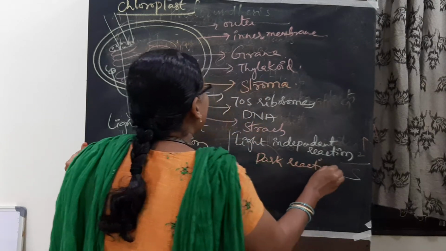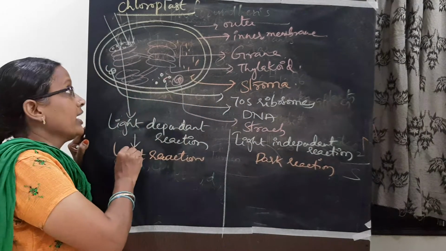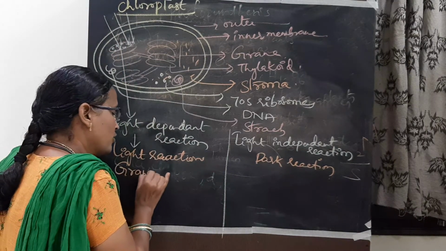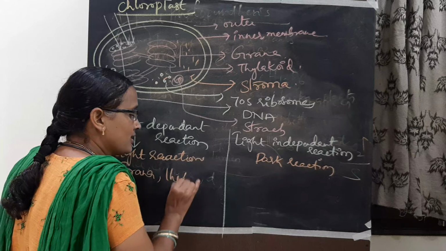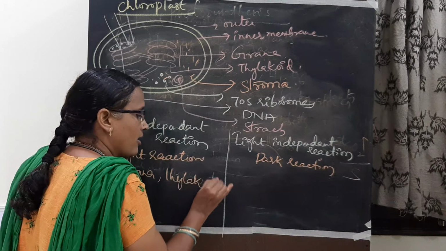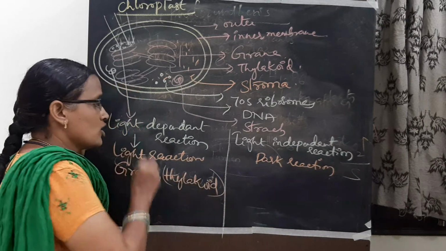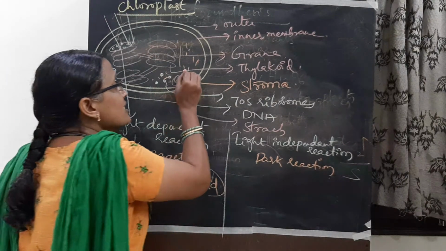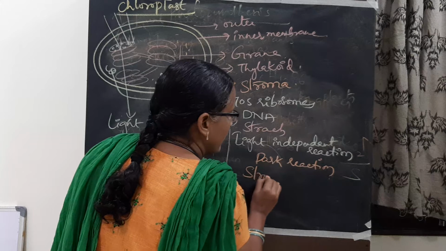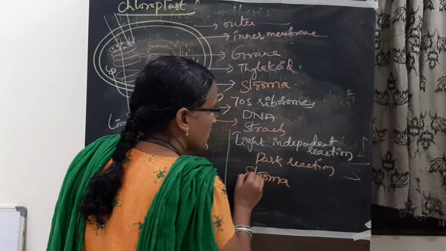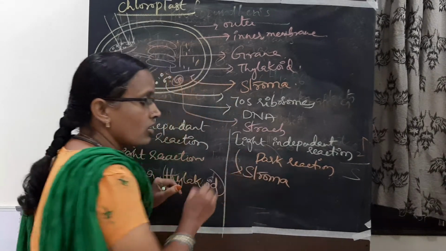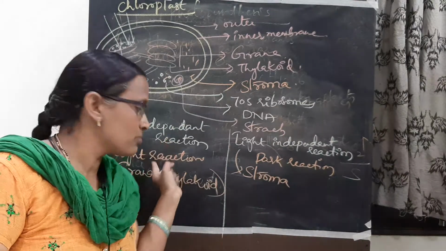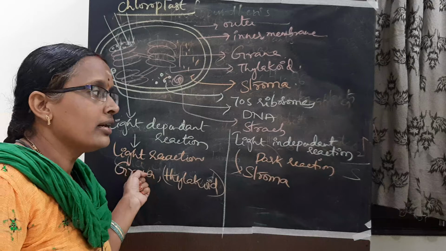Light reactions take place particularly in the grana, especially the thylakoid, whereas the stroma is responsible for the enzymatic reactions, that is dark reactions. Dark reactions take place in the stroma, whereas light reactions take place in the thylakoid or grana.